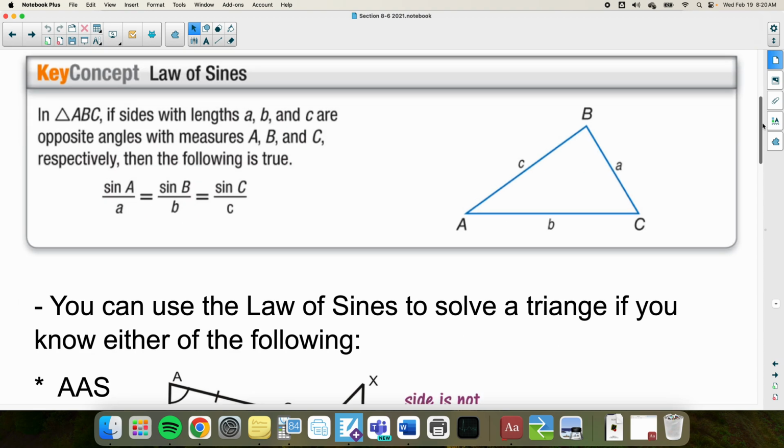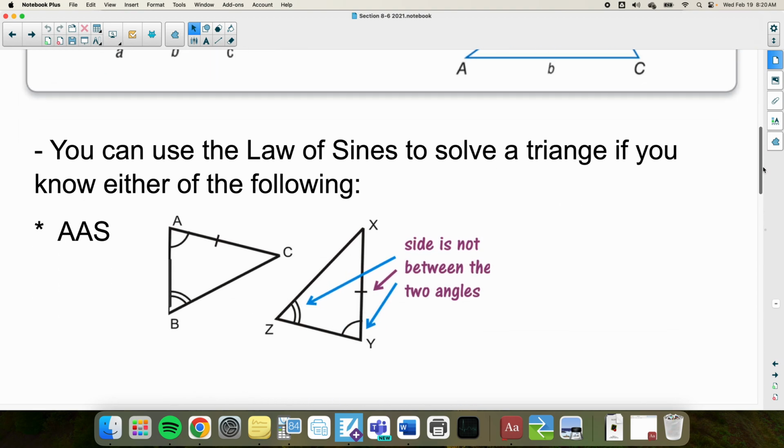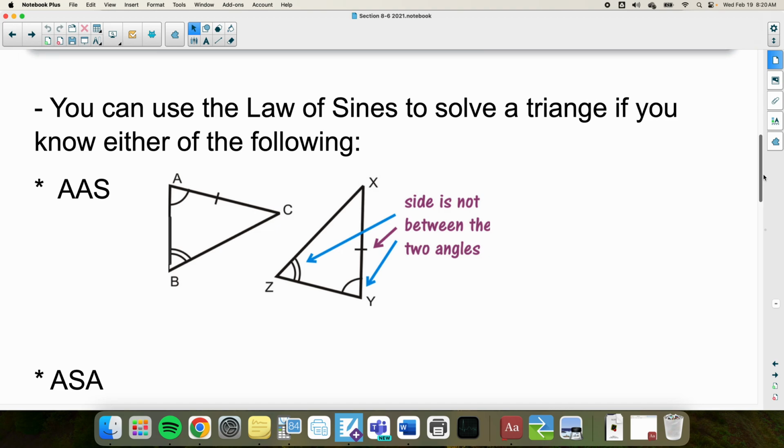So what's going to happen today is you are going to be given certain things in a triangle, and then you're going to have to solve it, which means find the other things. And law of sines you can only use in these 2 situations here for what we're doing.